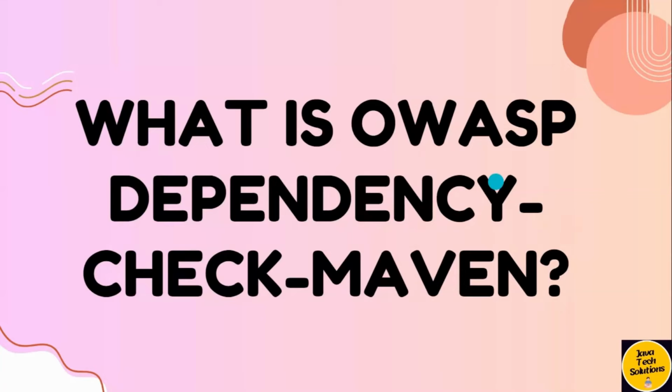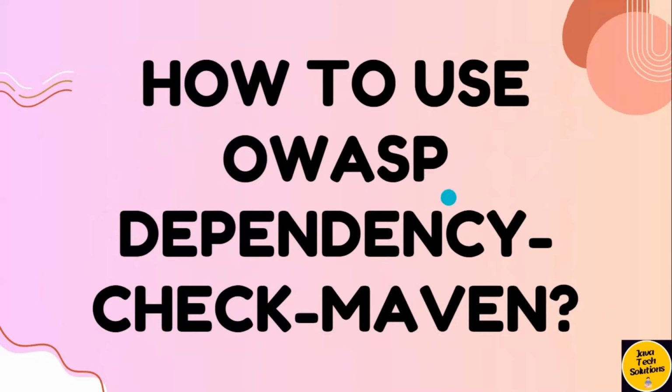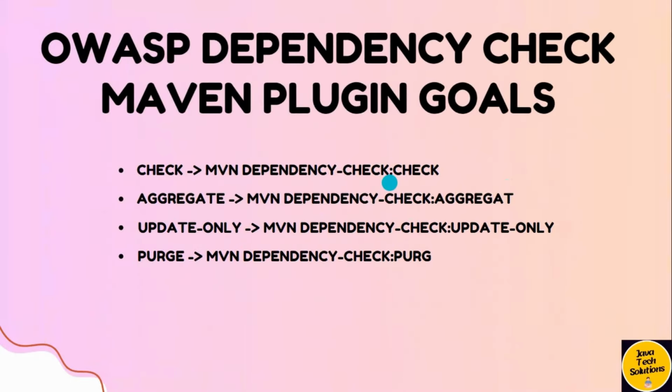Next, the main thing is that the dependency Maven plugin has certain goals, as you know whenever we work with a Maven plugin. For dependency checking we have goals like check, aggregate, update-only, and purge. Check will run the check goal and generate a report for the current project.